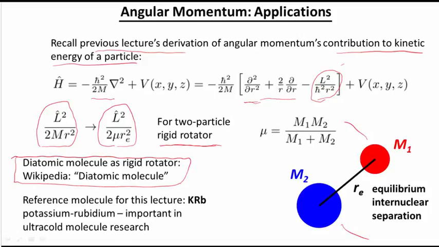And the rotational states of molecules are coming into great interest in the particular context of production of ultra-cold molecules for study of quantum gases. So we're going to look at an example that is based on one such molecule, potassium rubidium, and understand what the rotational dynamics for that system are.